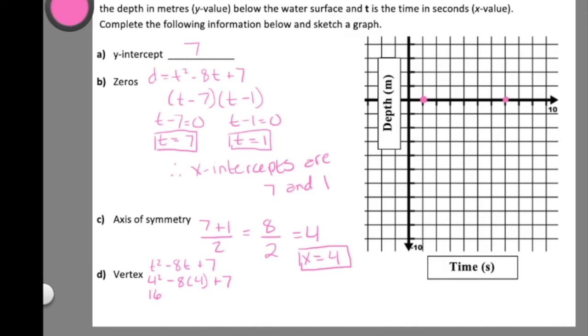Negative 8 times 4 is negative 32. And then we have plus 7. So 16 minus 32 plus 7 is negative 9.